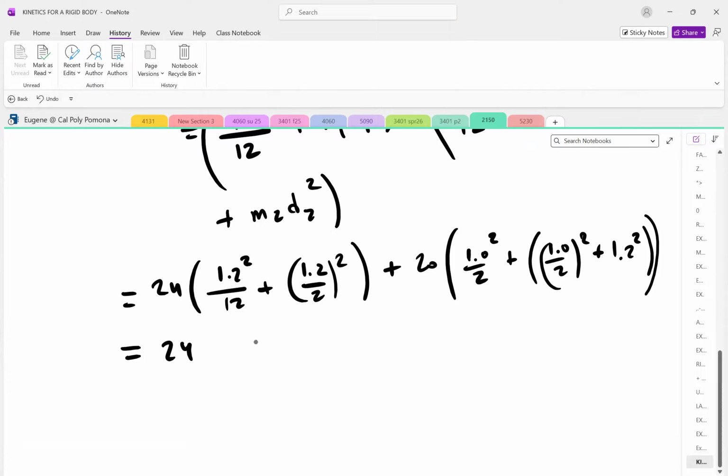I'll bring these things a little bit together. It's going to be 1.2 squared over 12, plus 20 times this one, and that one will have to go directly.